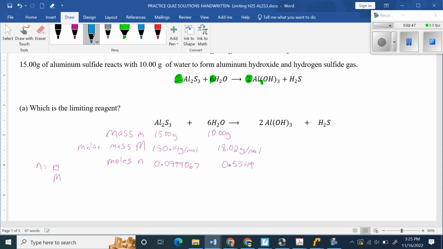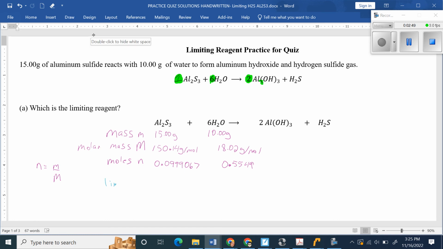Okay, and now I'm just going to switch to a different color. I'm going to do my limiting moles test. And so when I do a limiting moles test, I take the moles that I'm given, moles that I calculated, and I divide by the coefficient. Right? The coefficient in this case is 1. Right?